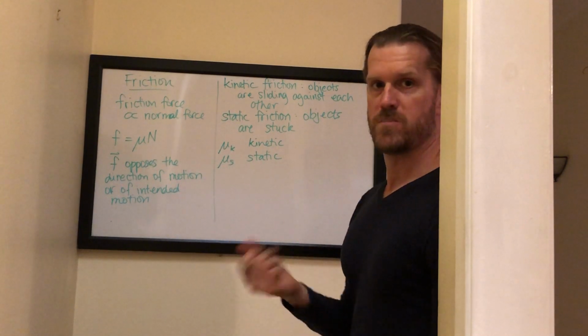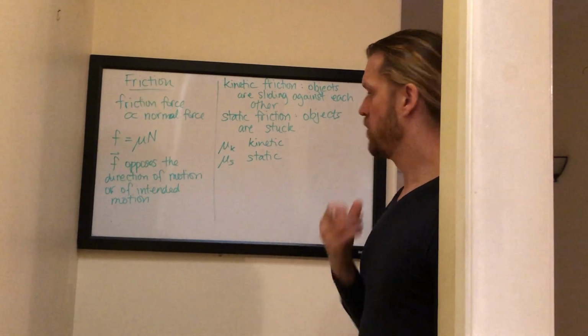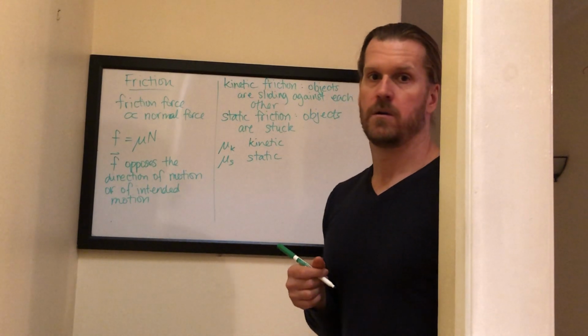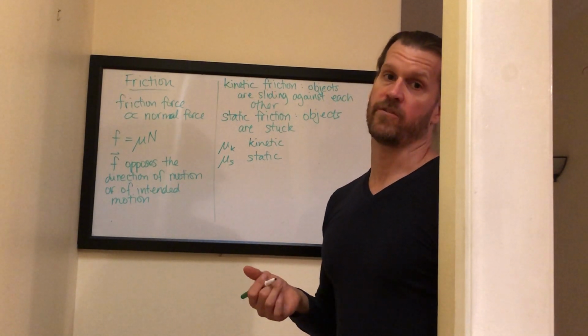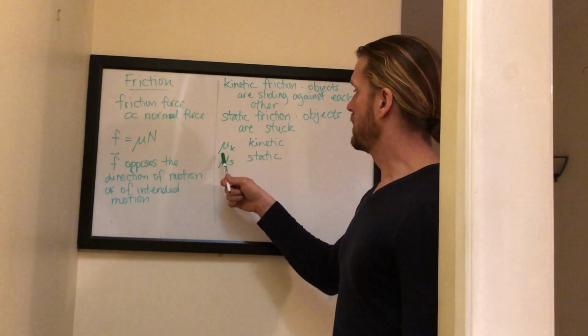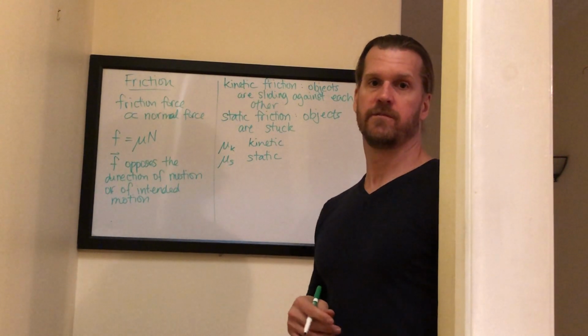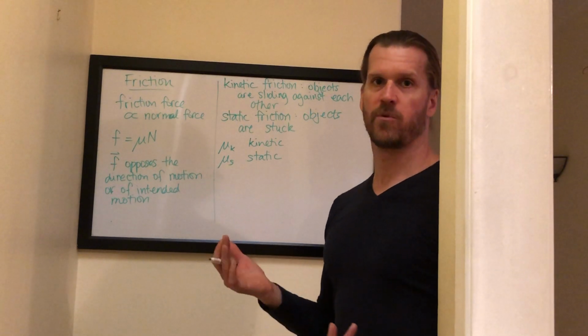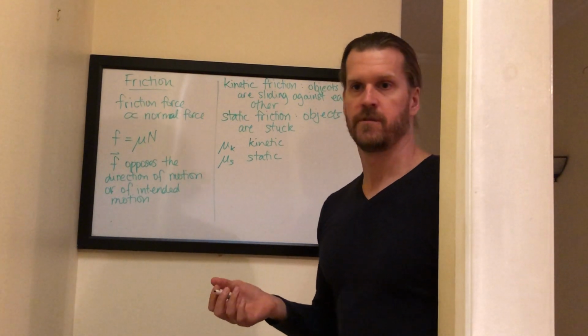So what does this mu equal? What's its value? Well, it depends on the materials and depends on the situation. So the coefficient of friction is a number that you look up.